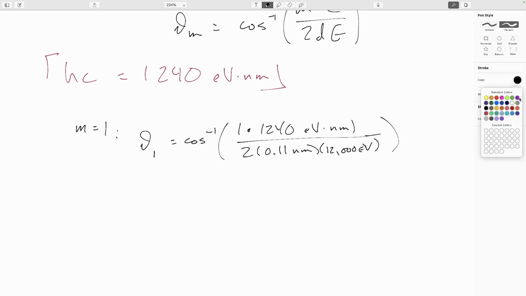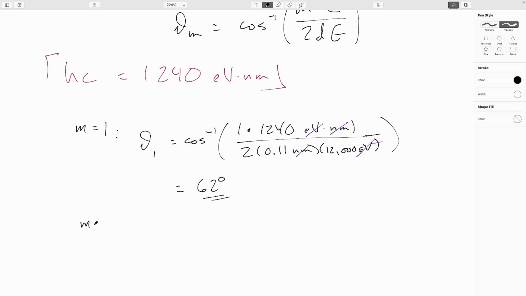So if we check, it's always really important whenever you're taking an inverse trig function that all the units cancel, and they do, because I don't know what the arc cosine of a unit would be, so you always have to end up with a dimensionless number. When you do this, you end up getting a scattering angle of 62 degrees.